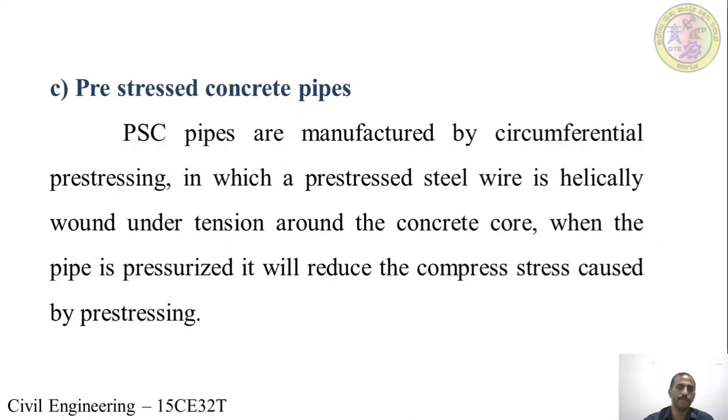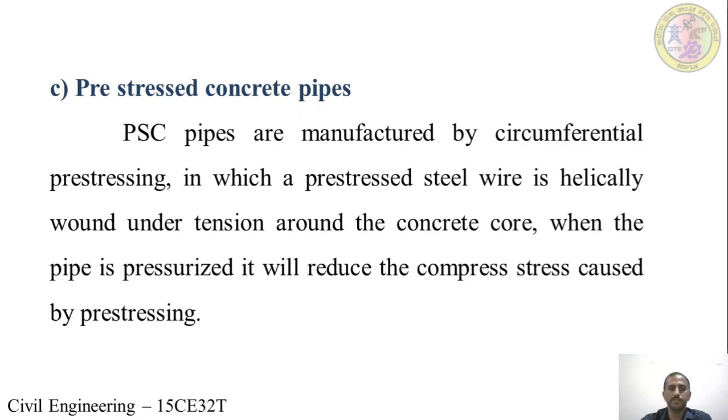The third type of pipes is pre-stressed concrete pipes. The difference between pre-stressed concrete pipes and normal cement concrete pipes is that in pre-stressed concrete pipes, the pipes are subjected to stress even before the water applies any pressure.